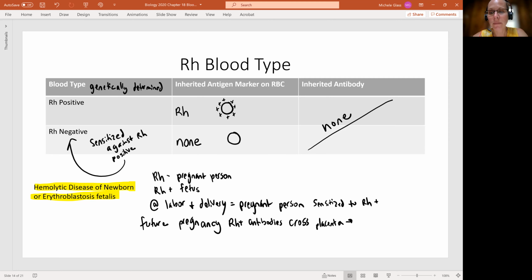They target fetal red blood cells in that developing fetus. And so this can mean that the pregnancy doesn't go to full term.